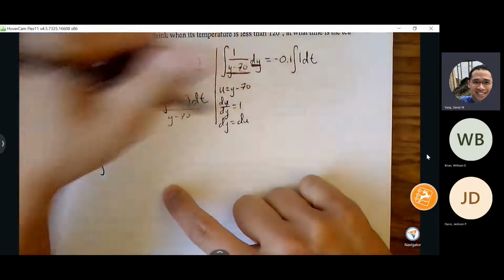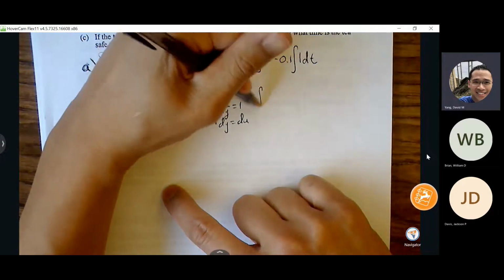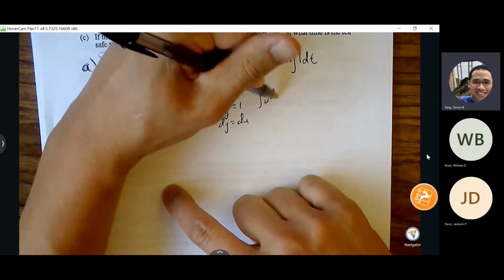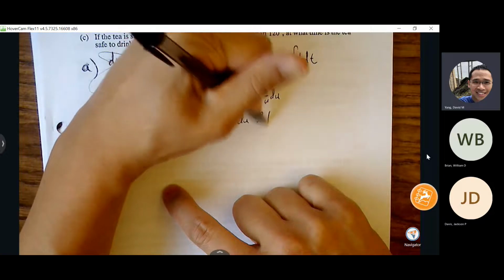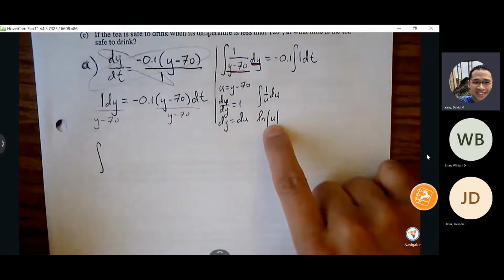And so this integral of 1 over u du ends up being natural log absolute value of u, and then replace the u back in terms of y.